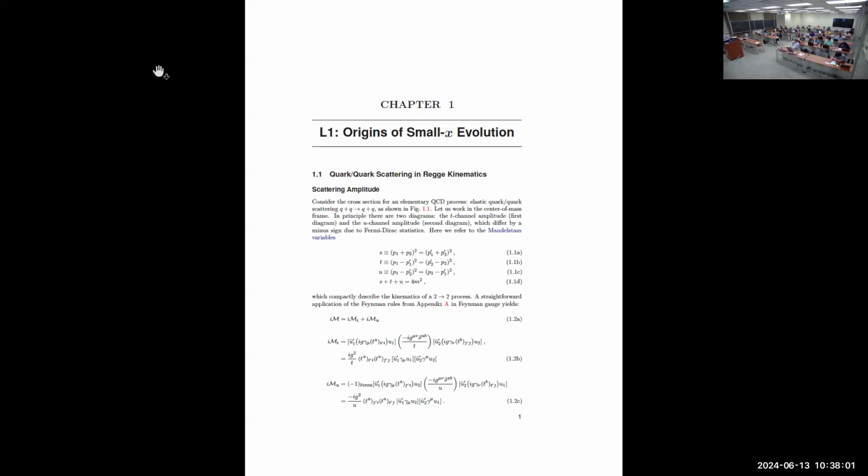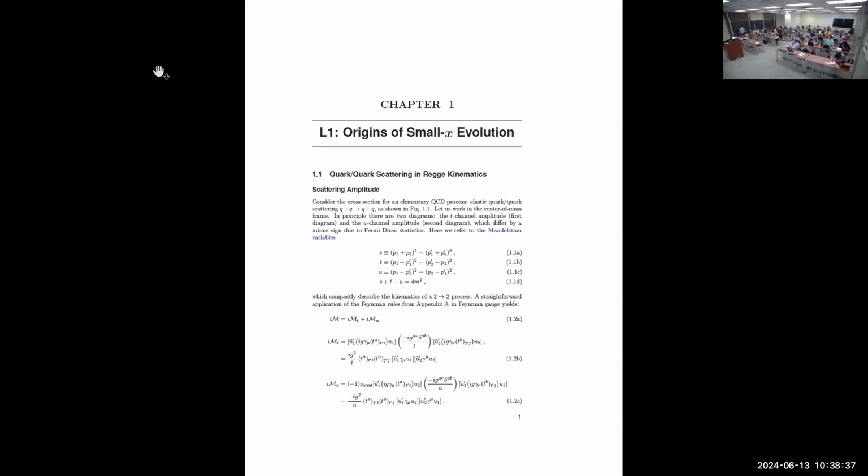And if I were just computing this cross-section in general kinematics, then I would include both. But I'm not interested in general kinematics. I'm interested in this set of kinematics, which has a particular name known as Regge kinematics. When I talk about Regge kinematics, I mean s going to infinity with s much greater than t.